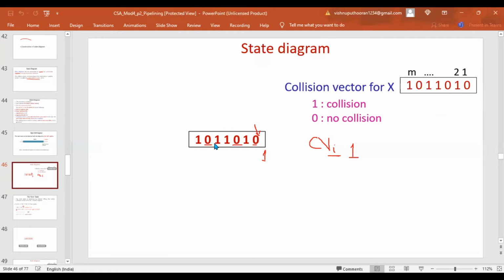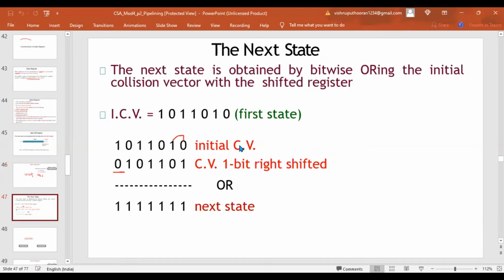1-bit right shift, 6-bit right shift, and 3-bit right shift, which creates new states. The next state is obtained by bitwise ORing the initial collision vector with the shifted register.